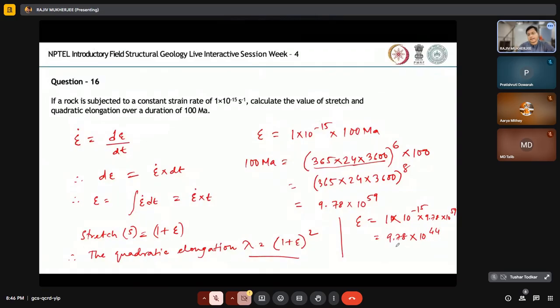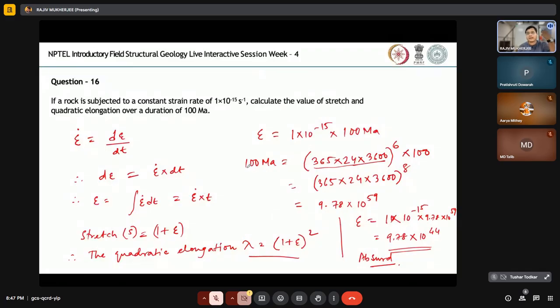This is a huge amount of strain. It is an absurd amount, right? Which tells us that calculating the strain by simply multiplying the strain rate with the time is not the correct approach, right?